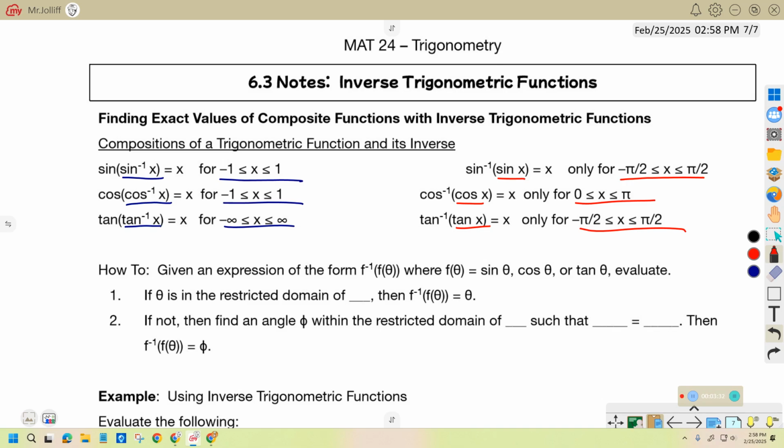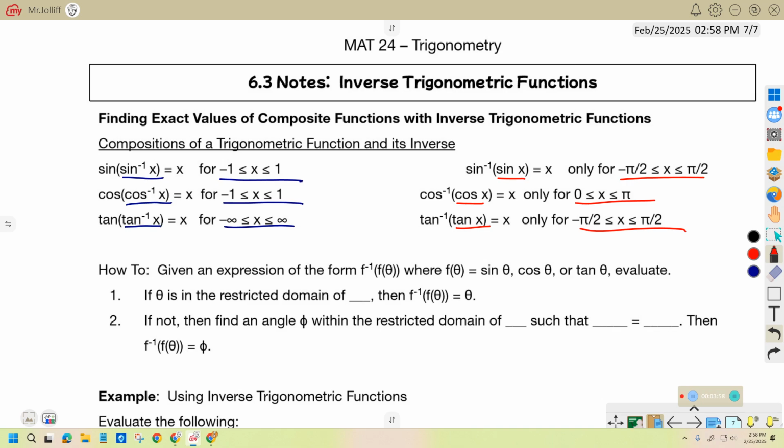When we started talking about inverse functions, beginning of 6.3, very first set of notes, we talked about taking a function like sine, which is a wave, and tilting it sideways to make an inverse. We said we couldn't just take the whole sine wave, because if I did that, I'd have something that did this, which is not a function.